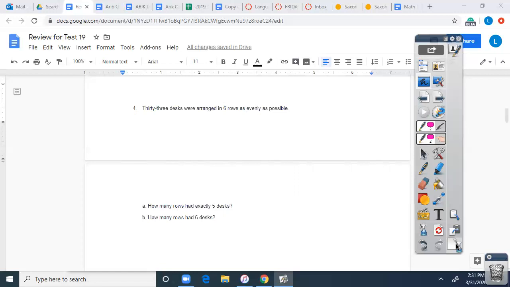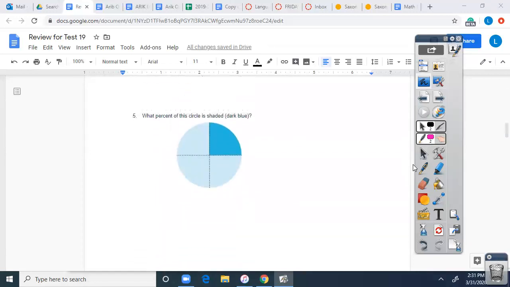All right, we're going to go down to number 5. Number 5 says, what percent of this circle is shaded dark blue? We just talked about this, I think yesterday, right? So that's this part right here, the dark blue part.